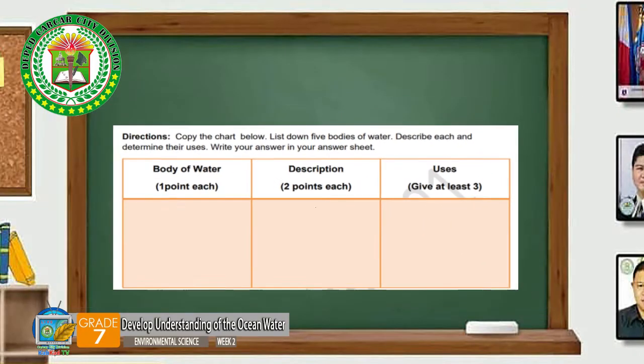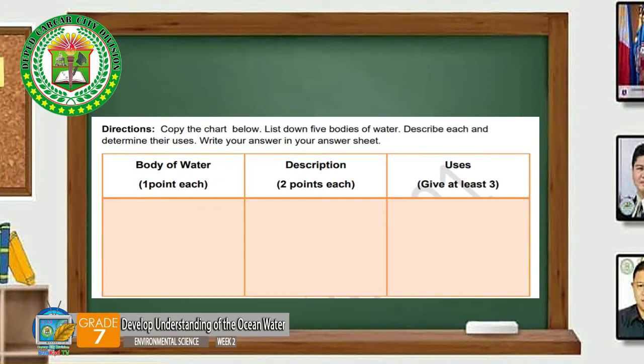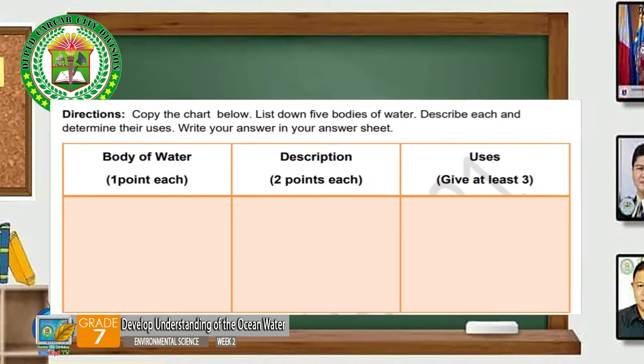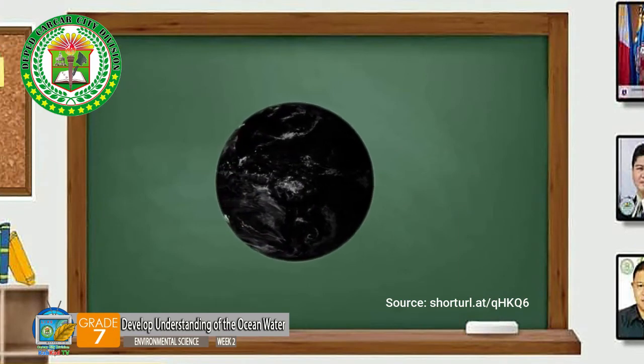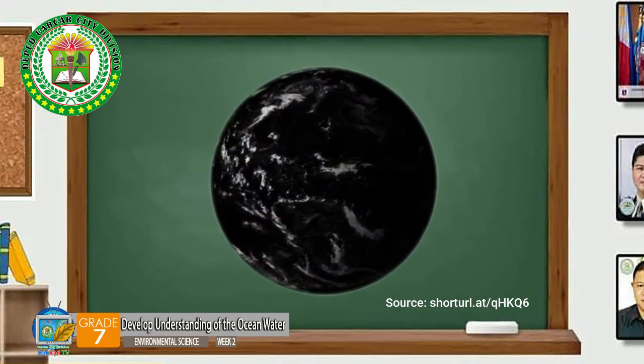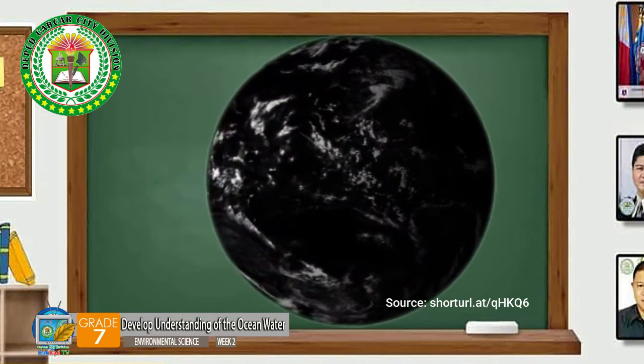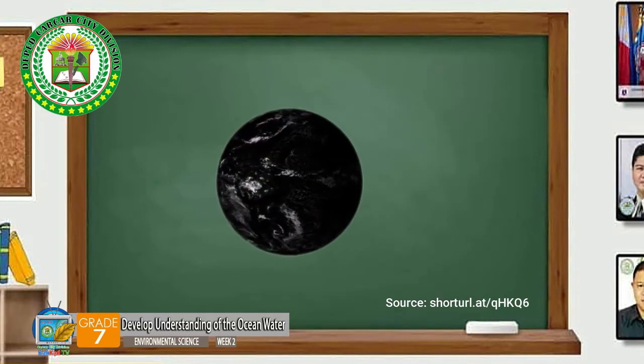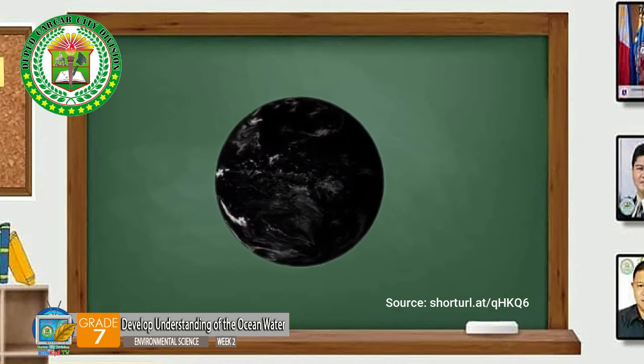Before we go deeper into our discussion, please answer this activity. How the oceans formed. When the Earth was formed 4.6 billion years ago, it would never have been called the blue planet.